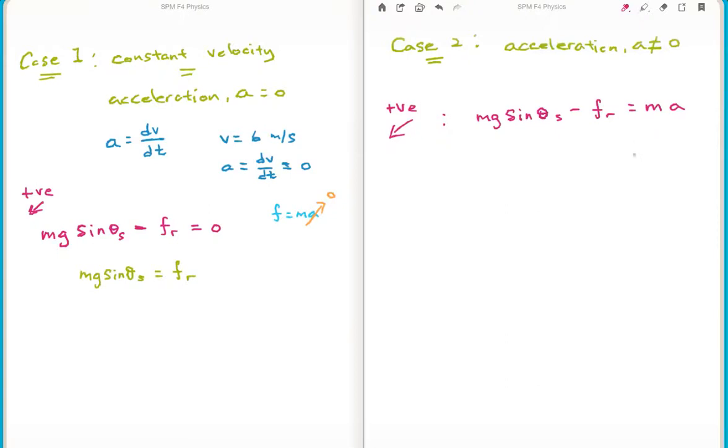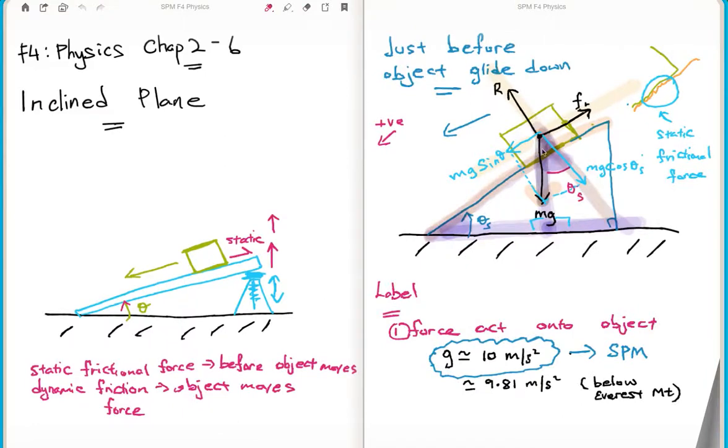Then you know what your acceleration is. I hope you take note of this, because now your acceleration is no longer 0. They will give you a value, or they will ask you to find that value, based on this diagram.